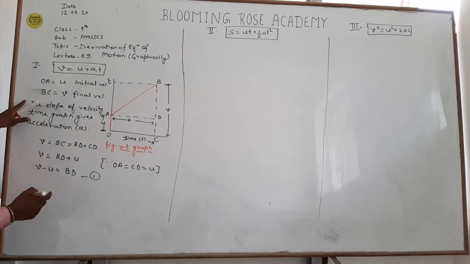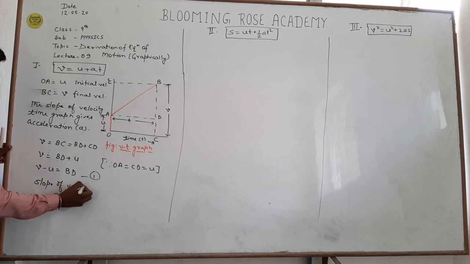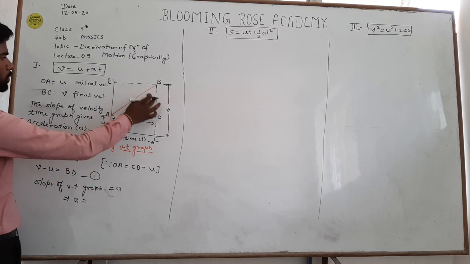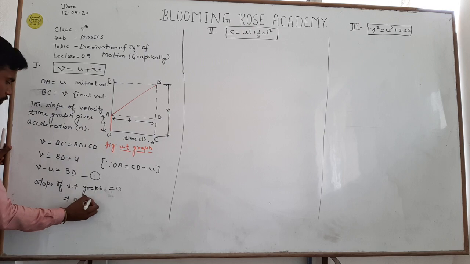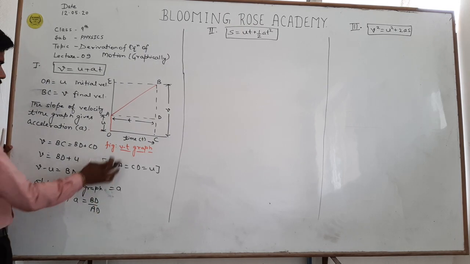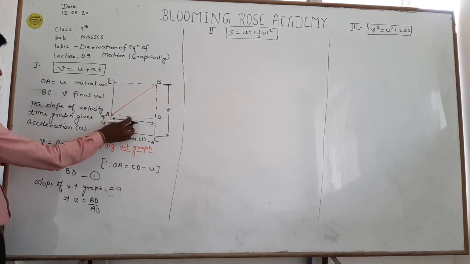Now from the above definition, the slope of the velocity time graph gives acceleration. Then the slope of the VT graph is equal to acceleration. Here a is equal to BD upon AD. Here AD is also equal to t, as OC is equal to AD.